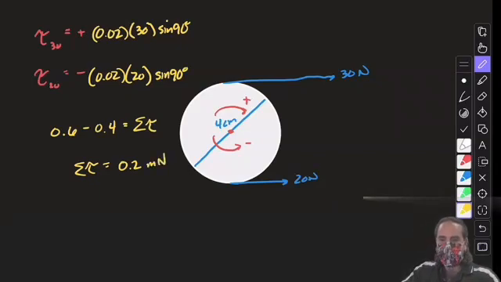But you'll probably get the answer wrong if you put in 0.2. They probably want negative 0.2 because I labeled mine in positive and negative, not using the traditional direction. But the traditional direction is into the page is negative and out of the page is positive. The net torque is into the page.